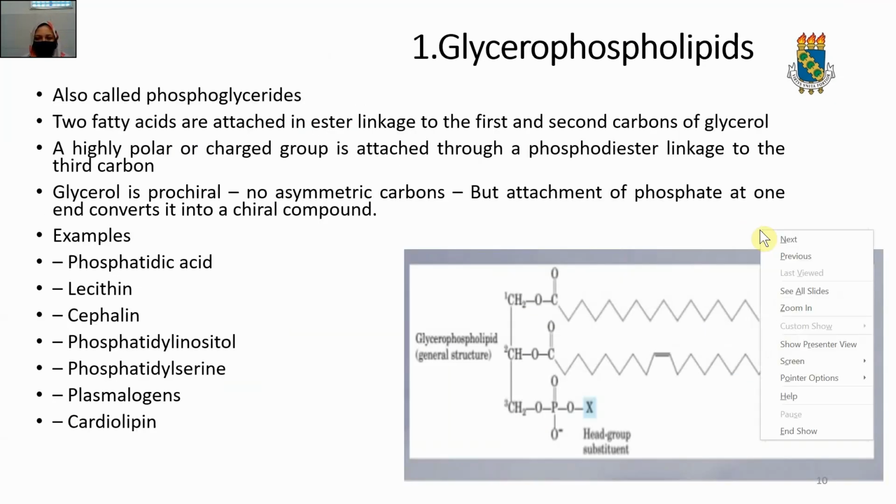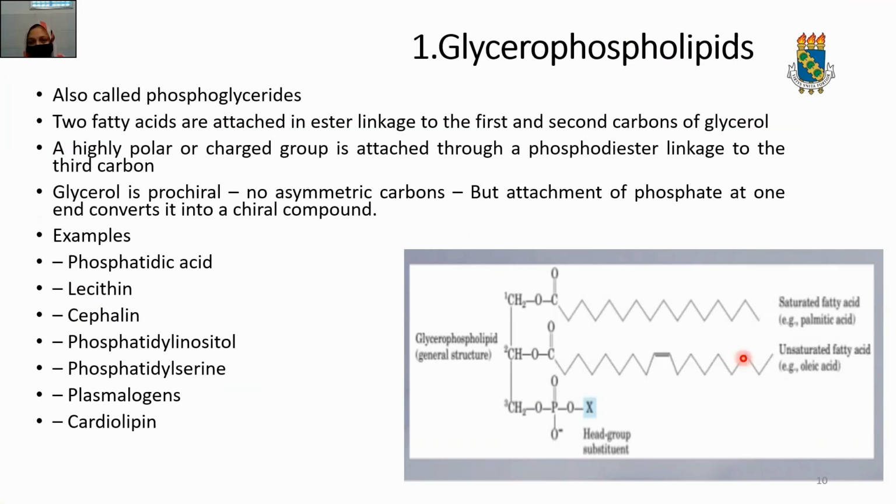So the next molecule that we are going to discuss is the glycerophospholipid. It also belongs to the compound lipids, and these are also called phosphoglycerides. In this structure, we have glycerol, to which on the first and second carbon the fatty acid chains are attached. These fatty acid chains can be saturated or unsaturated, depending upon the nature of the compound.